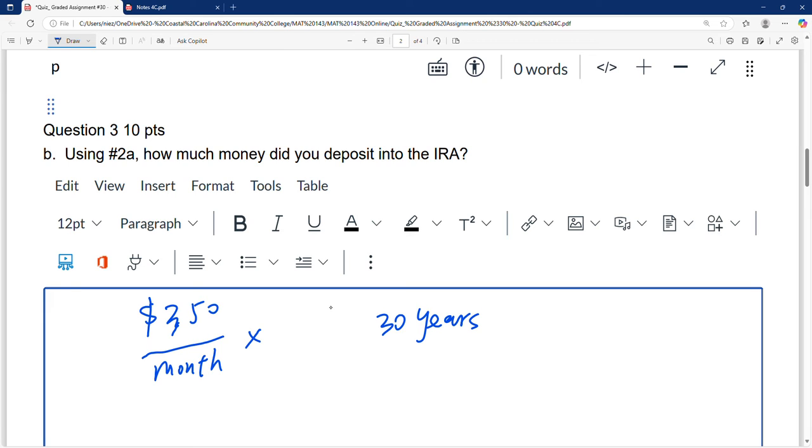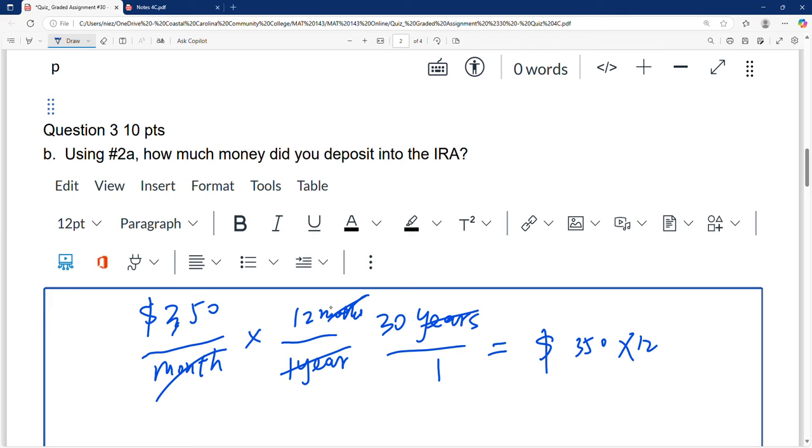And each year has how many months? Each year has 12 months. So you can see the units cancel: month cancelled, year cancelled, so only dollars are left. Then you need 350 times 12, then times 30, and you get this value. This value is very easy.